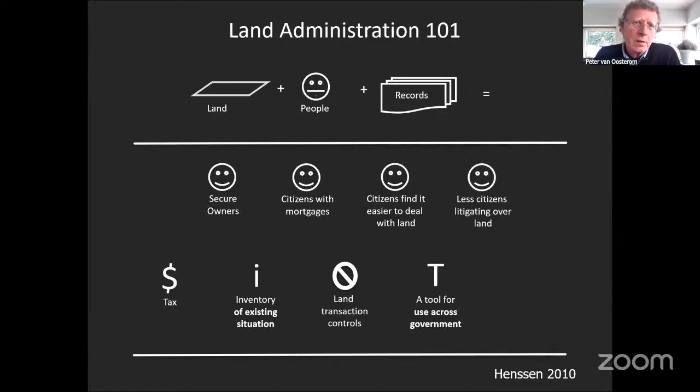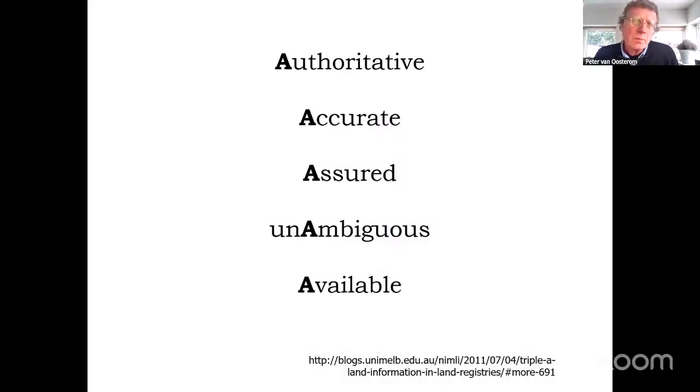And many different ministries or departments in government, not only at national level, also at local level, provincial, municipal level, use this type of information. It's considered nowadays as one of the base registers in most countries. It's important that the information is authoritative, so no doubt that it's correctly maintained by the people who are in charge.